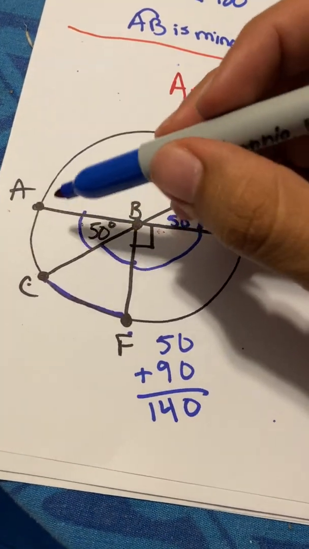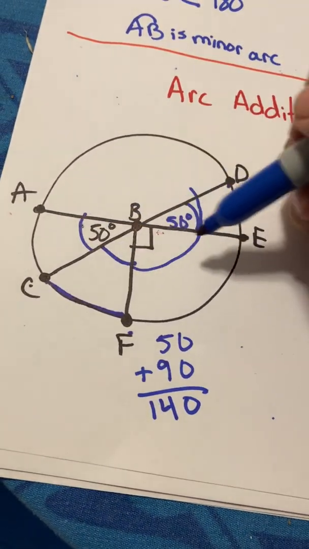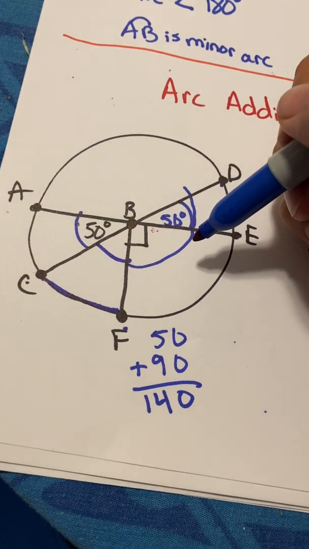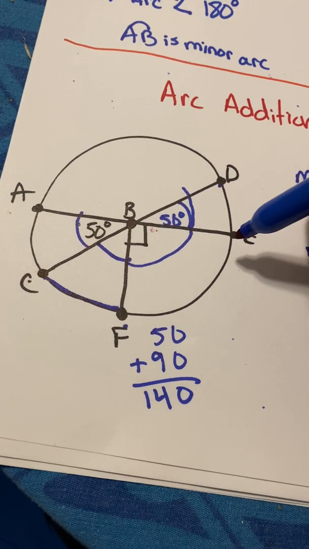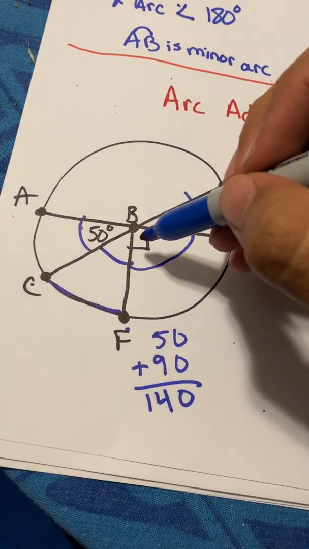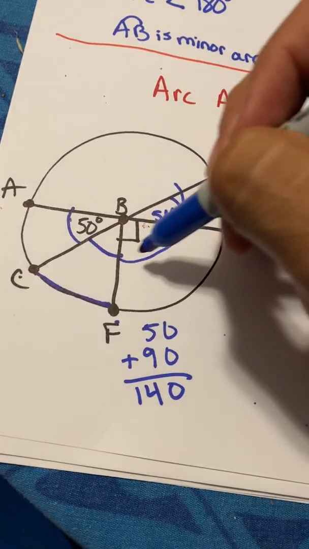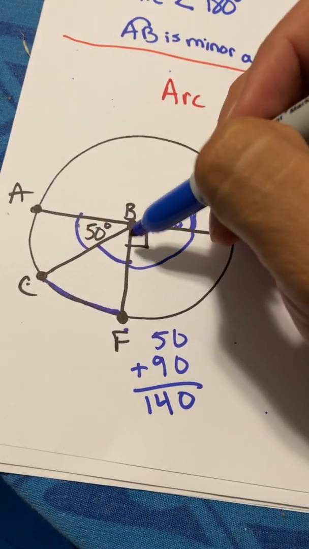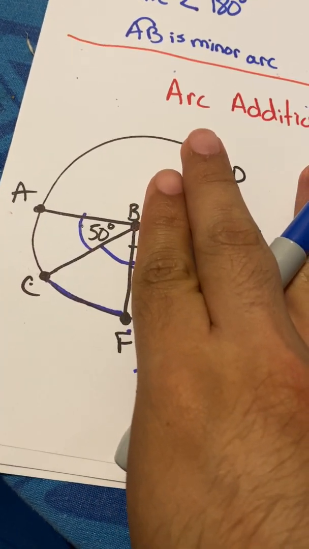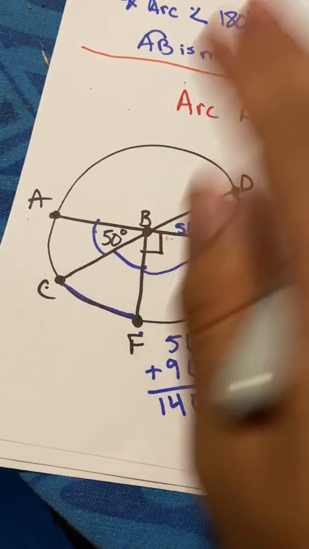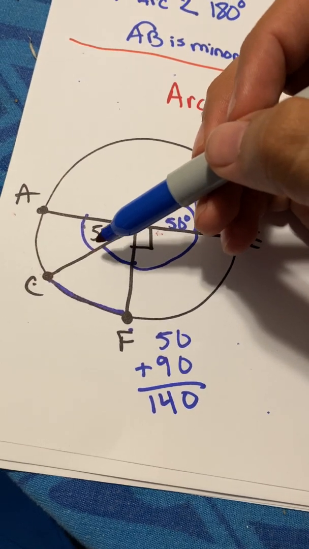Well, we know that AE is a semicircle, and semicircles equal 180 degrees. And we know that FBE is a right angle, which means it's equal to 90 degrees. So if this entire angle is 180, and half of it is 90, all we're left with is this half on the left-hand side. Those two angles should add up to 90.